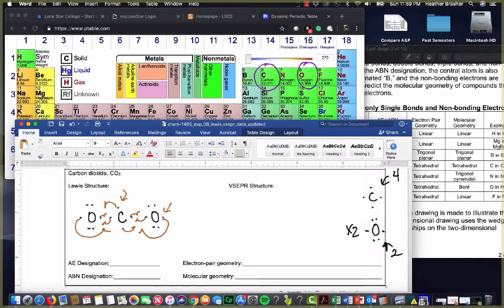And so what you end up getting here, guys, is something that looks like this. And so you have where you get 2 bonds between carbon and the oxygens.